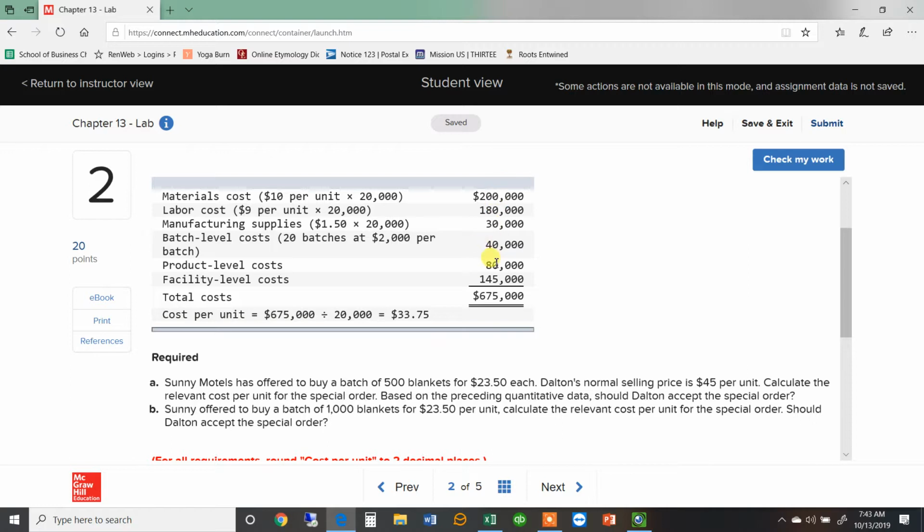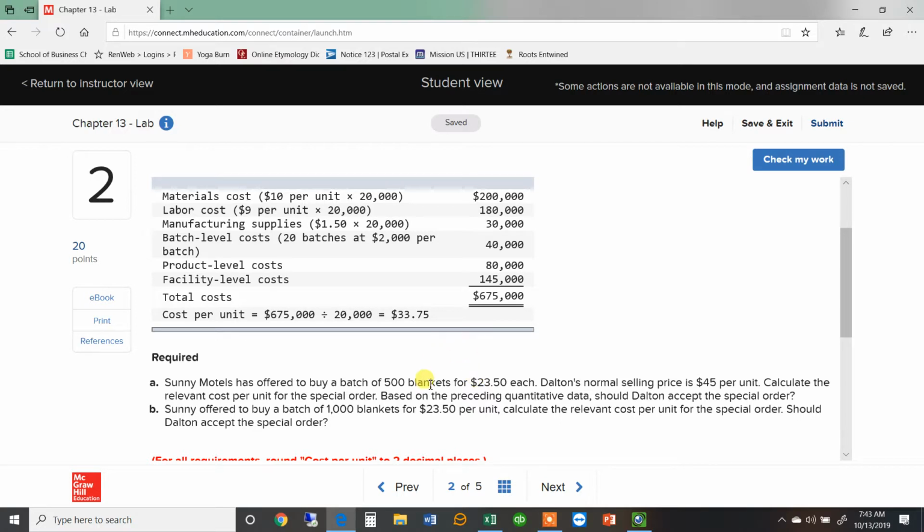So we need to determine which costs here are no longer relevant to having a special order, basically which costs are avoidable and don't include those in the unit cost. So if I'm going to incur this cost for making a blanket, I'll include it.